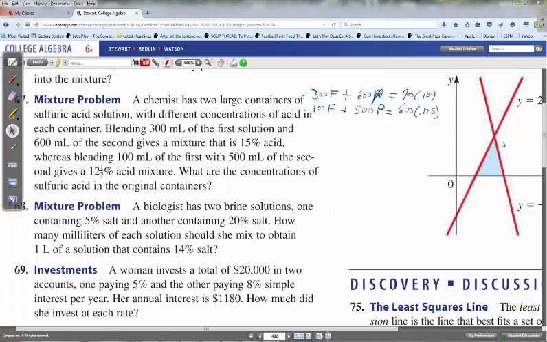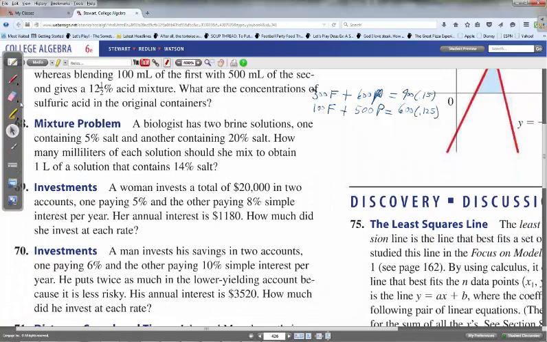Something similar for this one down here. Biologist has two brine solutions, one containing 5% salt. How many milliliters of each solution should she mix to obtain 1 liter of a solution that contains 14%?